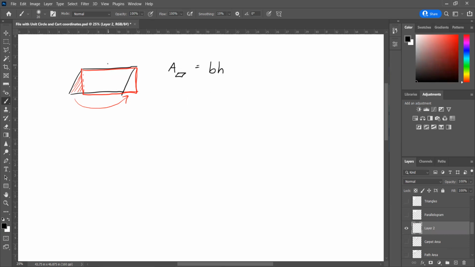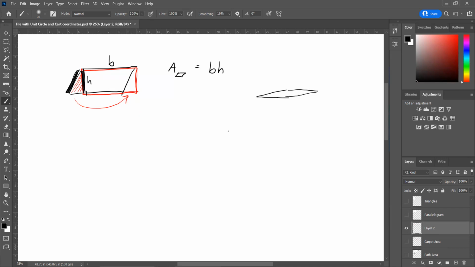So where we had length before, now that becomes our base. And the height is this perpendicular distance between the two bases. And it's not the length of the side over here, it's the perpendicular distance between the bases. You can see that that becomes important when we really skew this parallelogram.